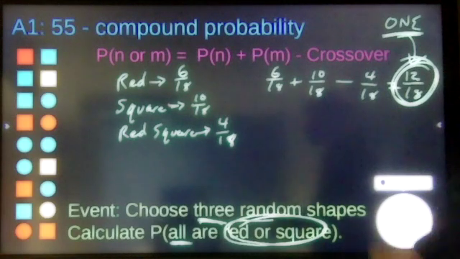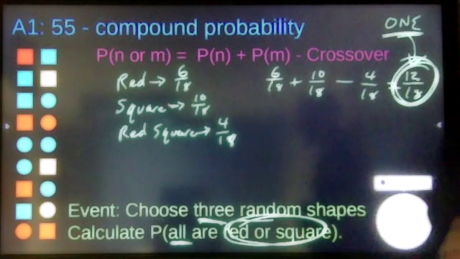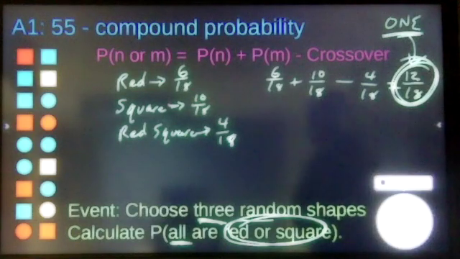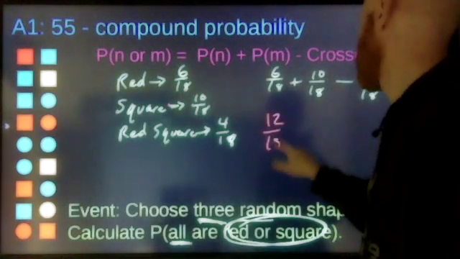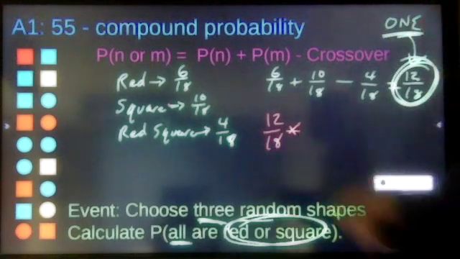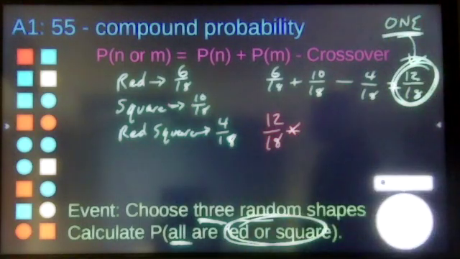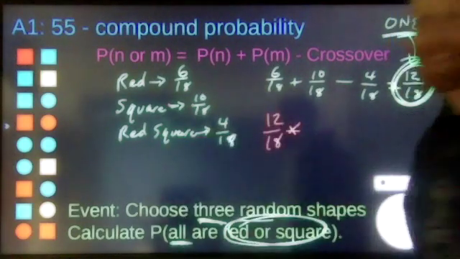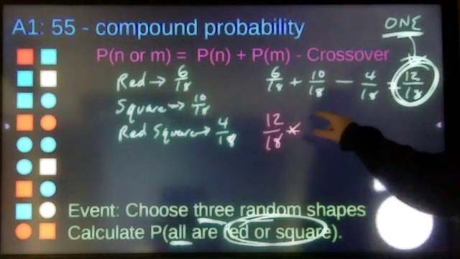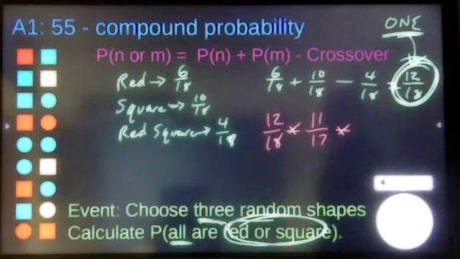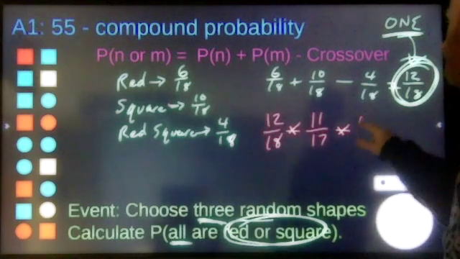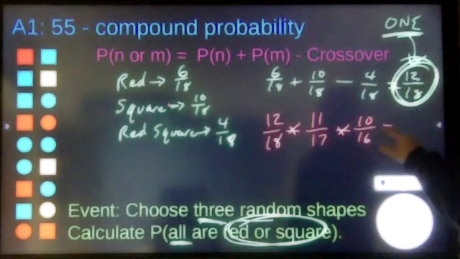I want my first shape and my second shape and my third shape to be red or square. All right, so the chance of the first shape being red or square is 12/18, times the chance of the second shape being red or square if I already took a red or square out, 11 out of 17. The chance of the third shape, 10 out of 16.